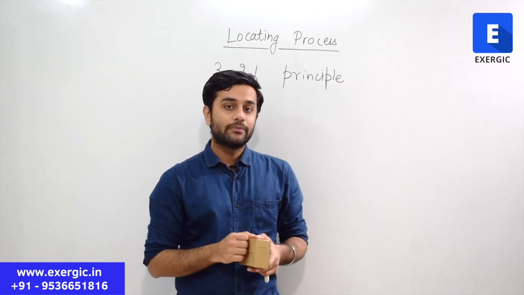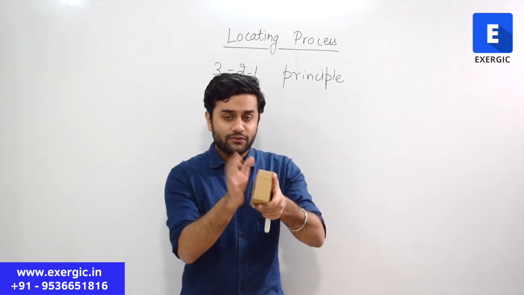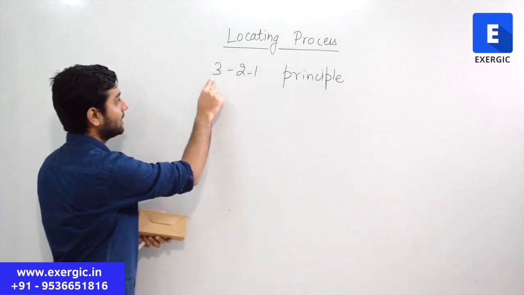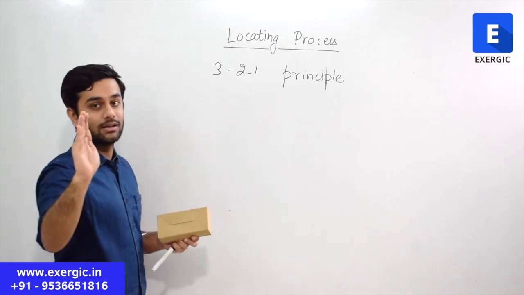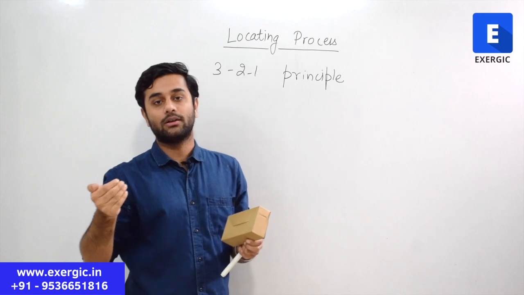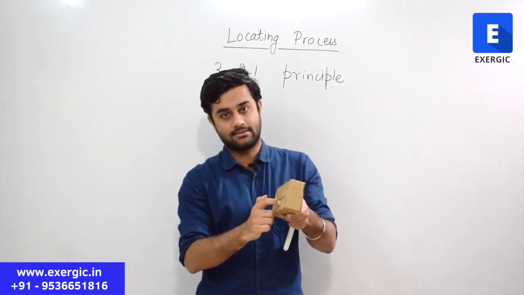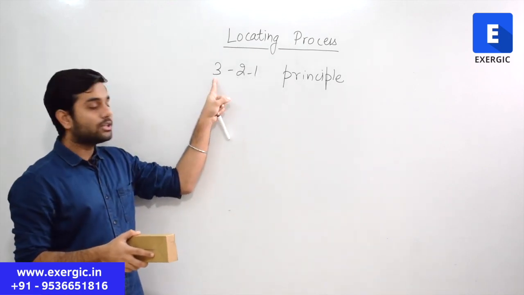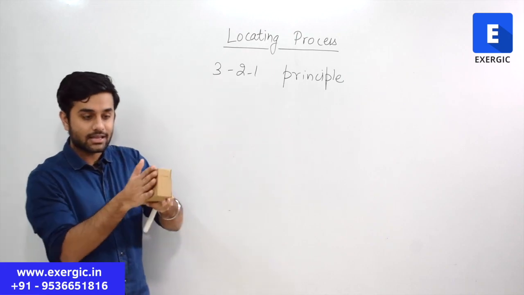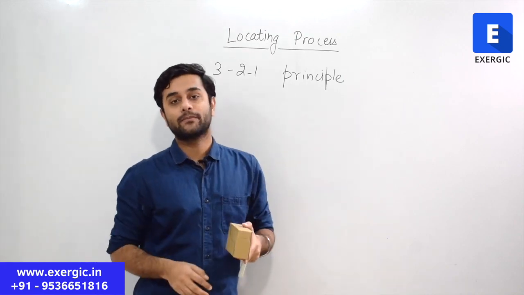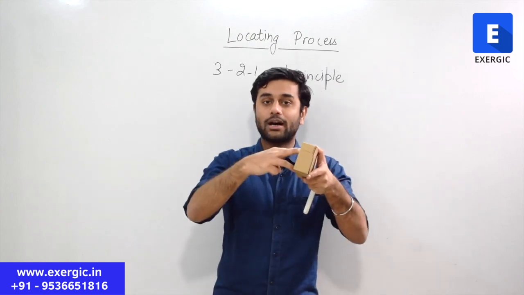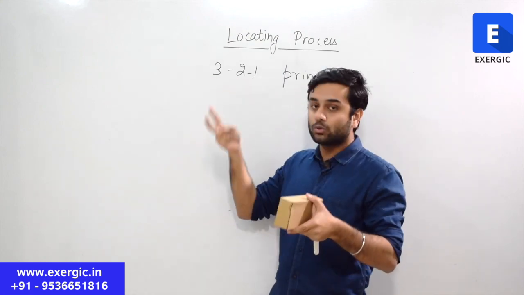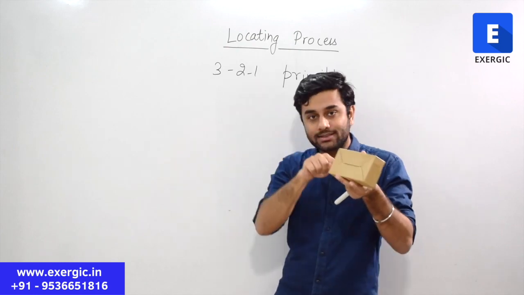First one is that whatever is the first surface that you are defining, as I have already told you, these 3 things tell you 3 different planes, surfaces mutually perpendicular to each other on the workpiece. So in the very first plane where 3 supports are used, in the second plane 2 supports are used, in the third plane 1 support is used.